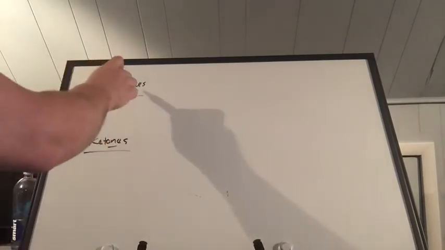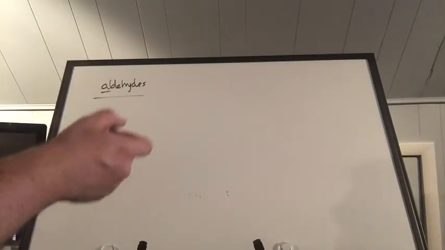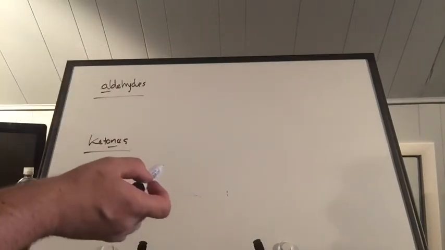Okay, but if aldehydes or ketones are branched, then they're going to have a different type of naming system. So if something's branched off, like an aldehyde, it should be referred to as a carboxaldehyde.